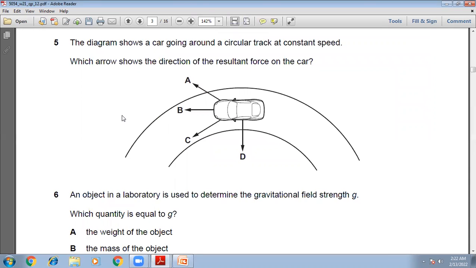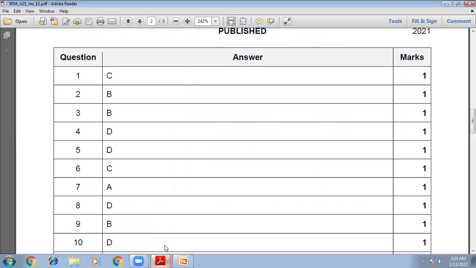That resultant force, the centripetal force, is always directed towards the center of the circle. So I think the arrow which is showing towards the center of the circle is D. So question number 5, D is the answer, and we are right.